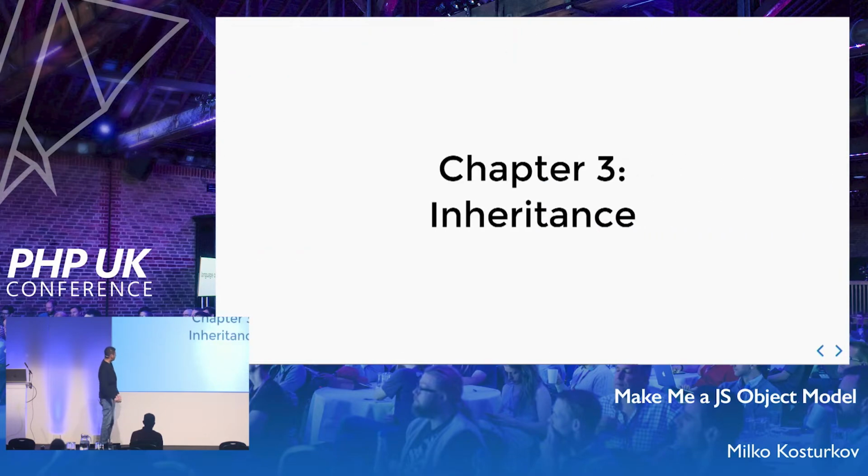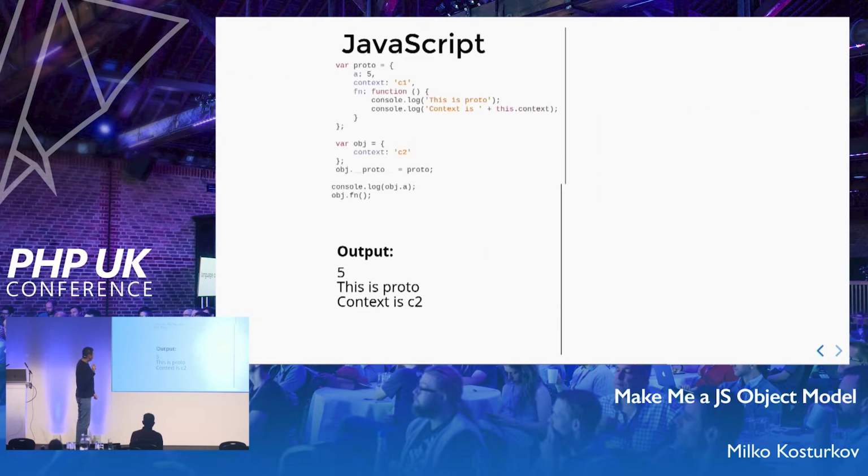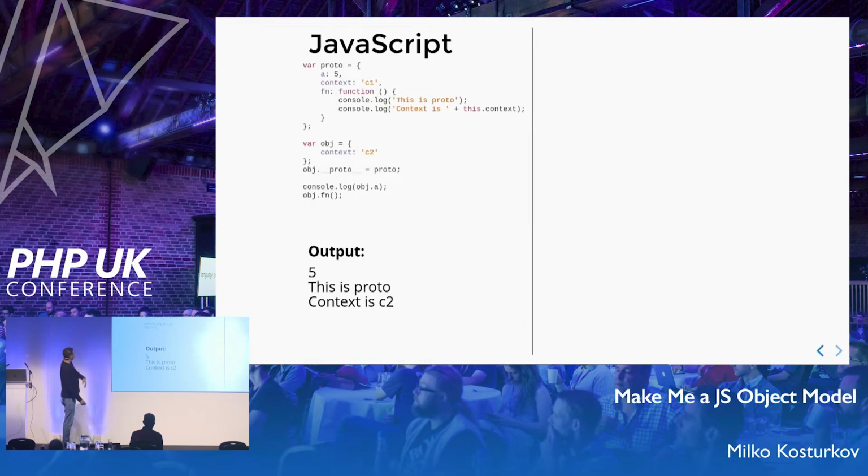So, inheritance. We have this simple object here. In JavaScript, we have this so-called prototype-based inheritance. What the prototype-based inheritance does is basically it works like this. Each object may have a prototype.